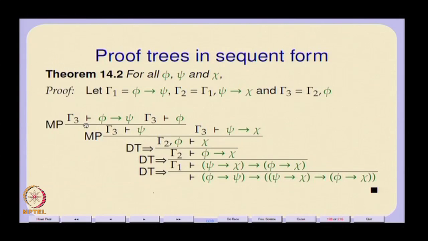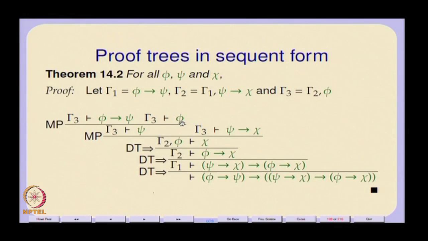Gamma 3 consists of these three assumptions, and one of the things I said was that any assumption is provable from itself. So, phi arrow psi is provable from gamma 3, and this reflects our set interpretation for gamma rather than a sequence interpretation, not worrying about the order.